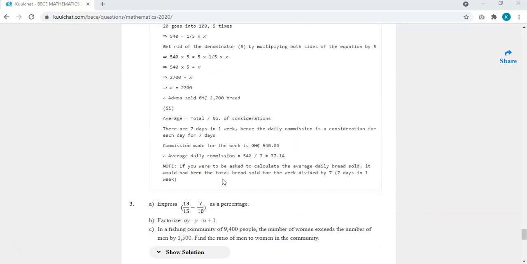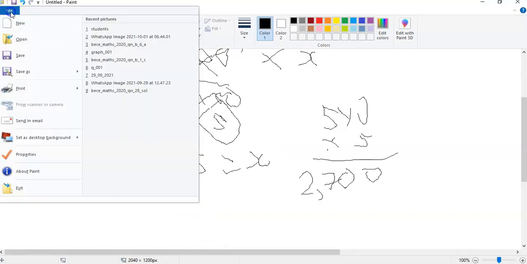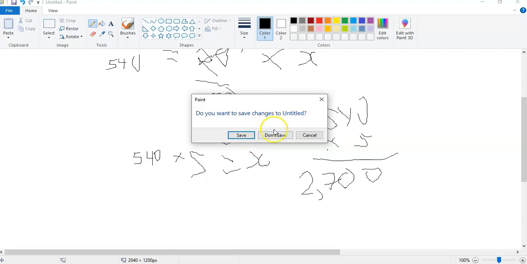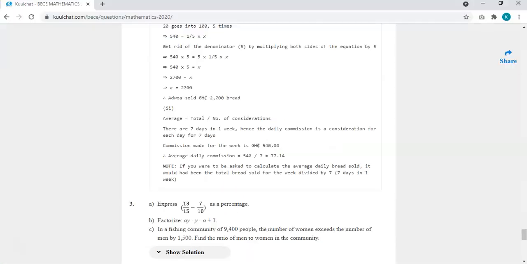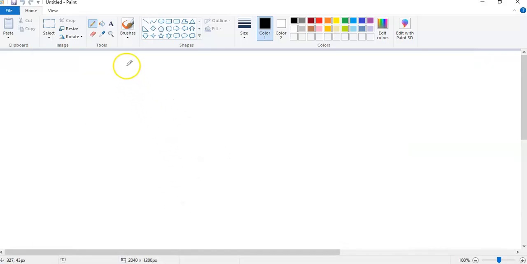So the LCM of the denominators, we have 13 over 15.